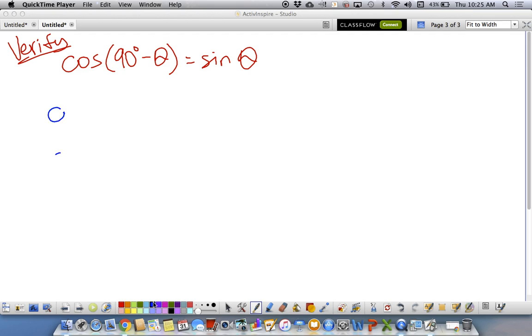So we have cosine A cosine B. If A is 90, we'll put a 90 there and a theta here. Then cosine theta, that's a degree sign. Was it minus or was it plus? Plus.